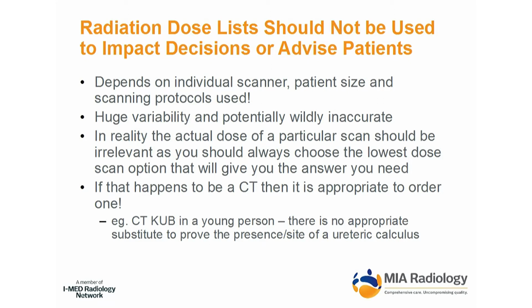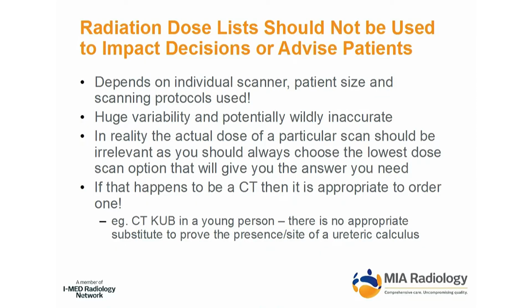There's huge variability between patients, and there's also huge variability between even the same patient having the same study on different scanners as well. For instance, overweight patients will require a higher radiation dose to have the same diagnostic quality imaging as a thin patient. It's just a fact of life. In order to be able to see a stone in the urinary tract in somebody who weighs 100 kilos, they're going to need more radiation dose than somebody who weighs 50.